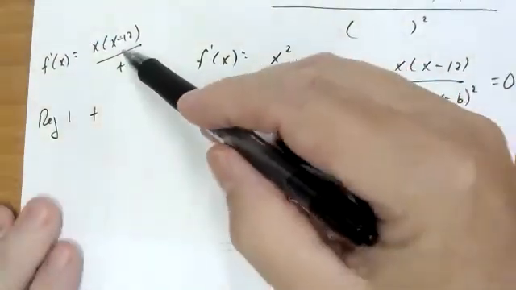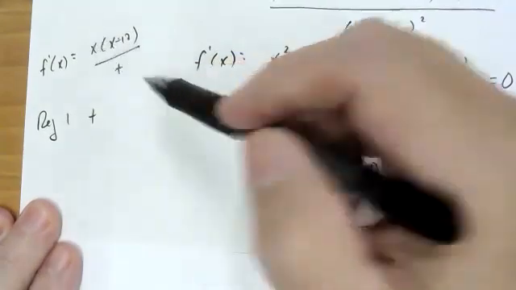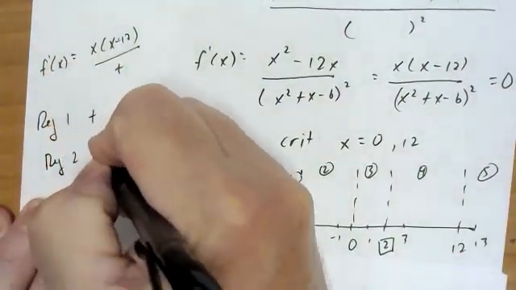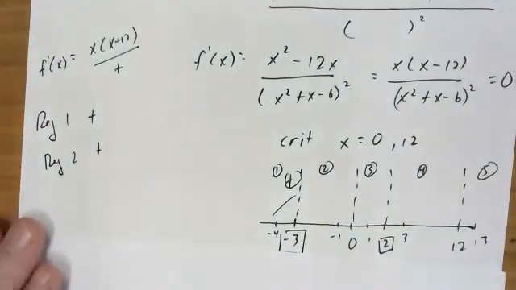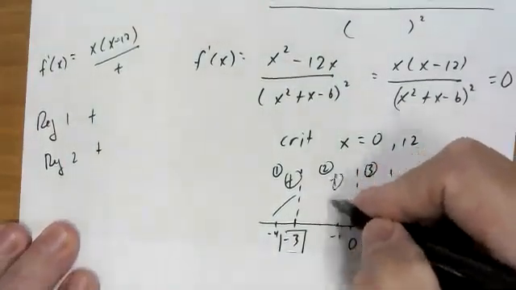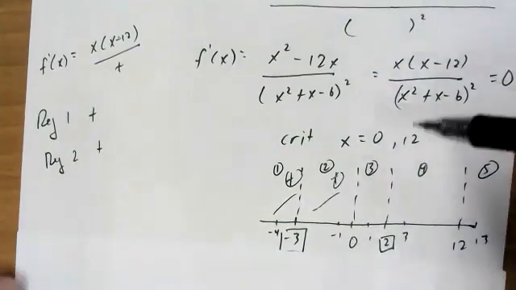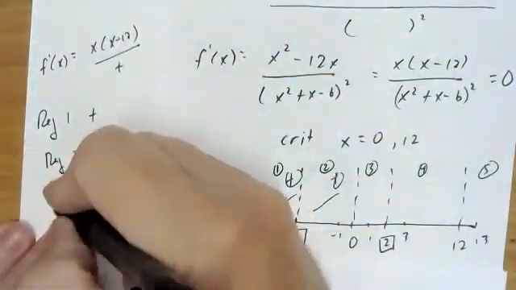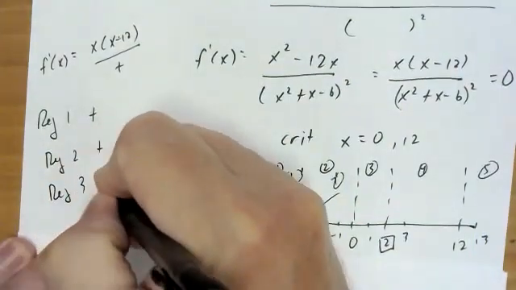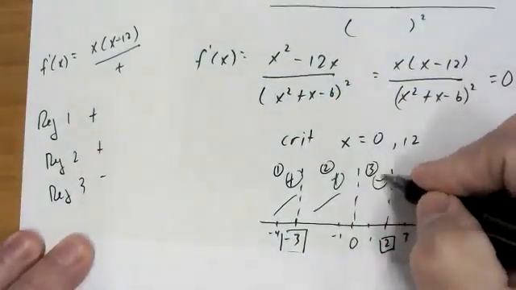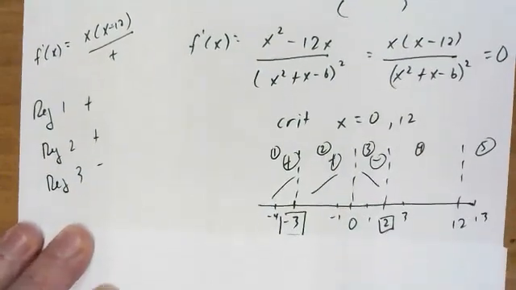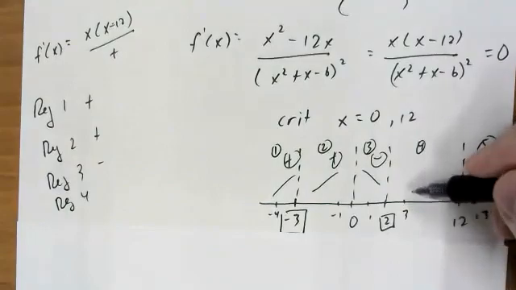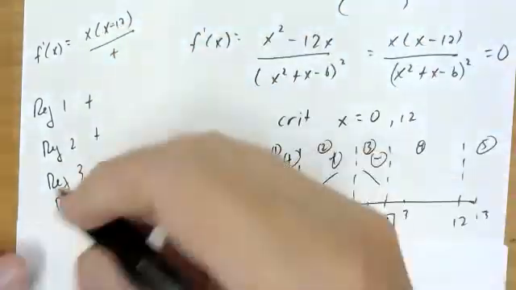Region 2, and I plug in -1, it's still negative times a negative. So region 2 is going to be positive. Region 3, when I plug in 1, I get a negative times a positive. Region 3 is actually going to be a negative region. Region 4, I'm plugging in 3, I get a negative times a positive.